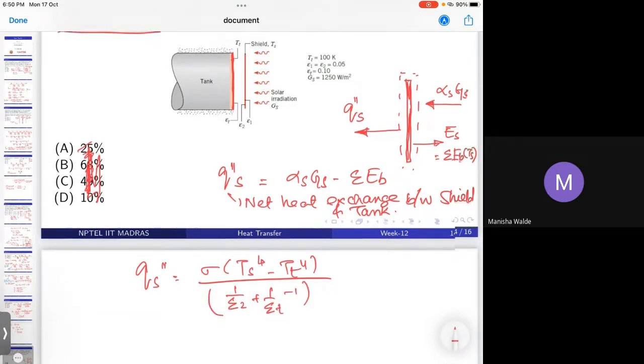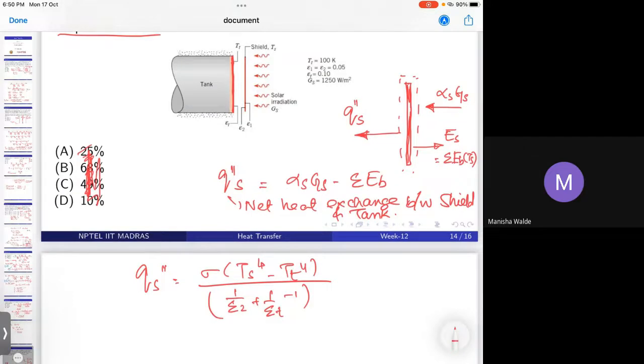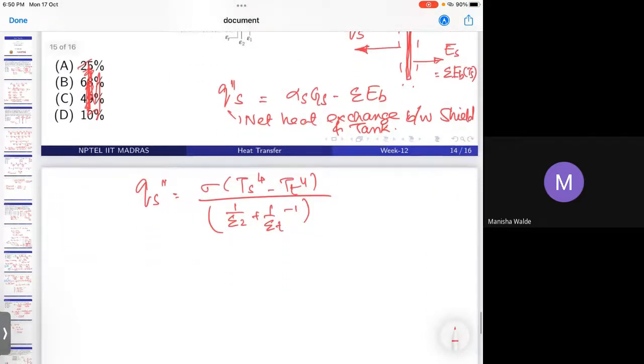Epsilon T and epsilon S are also given, and from this we need to find T S.